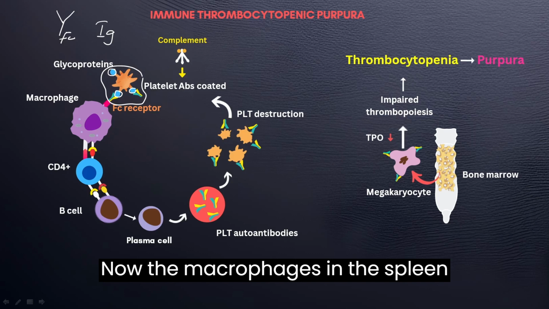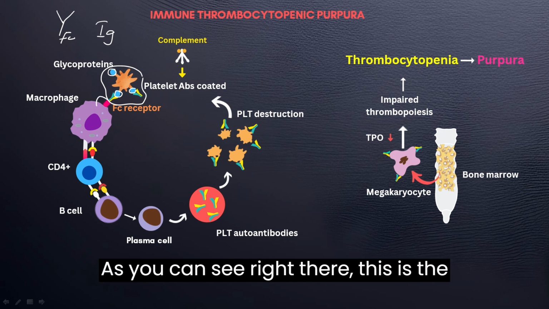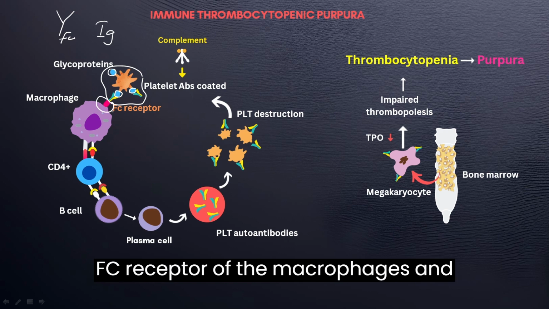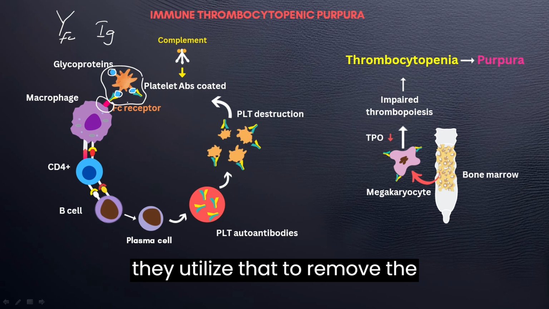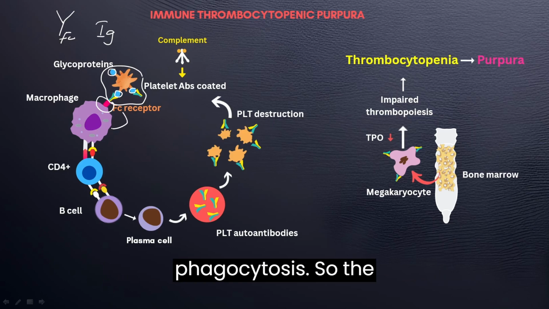Now, the macrophages in the spleen utilize their Fc receptors. As you can see right there, this is the Fc receptor of the macrophages, and they utilize that to remove the platelet-coated antibodies through phagocytosis.